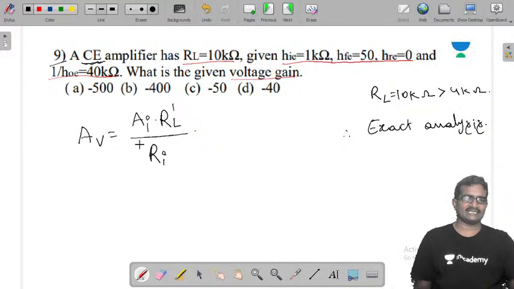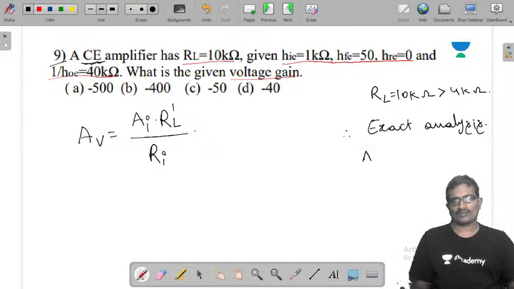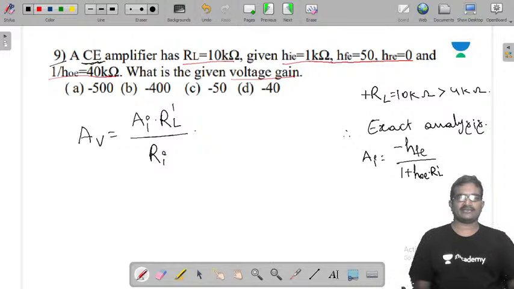In exact analysis, AI is minus hfe by 1 plus hoe into RL dash. But your RL dash is nothing but RL here, because there is no biasing resistor.